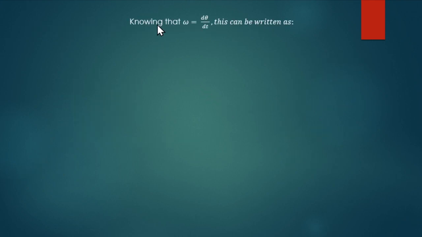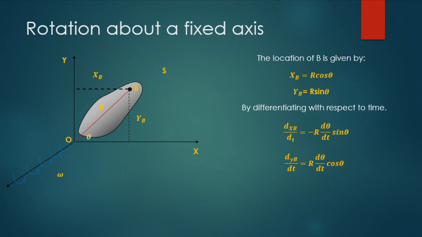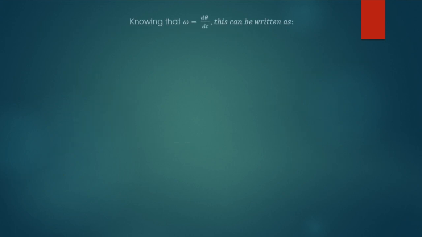Knowing that omega, or the rotational motion, is equal to d theta over dt, this can be written as: dx sub b over dt is denoted as v sub bx, velocity bx.